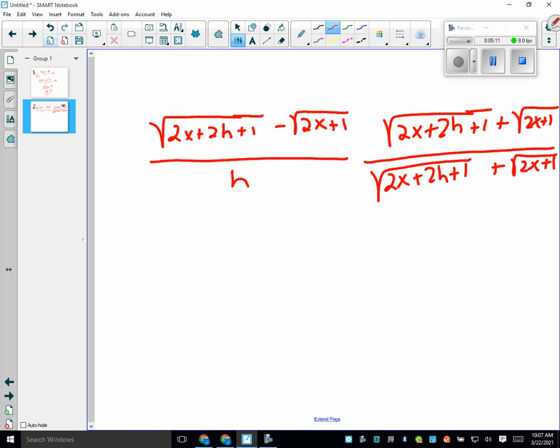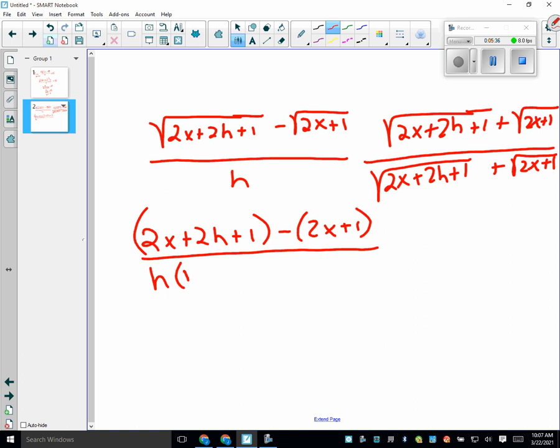All right. Agreed. For my numerator, when I multiply conjugates, the shortcut is square the first minus square the second. So I have 2x plus 2h plus 1 minus 2x plus 1, over h times the radical 2x plus 2h plus 1 plus the radical 2x plus 1. If you don't agree, you have to tell me.